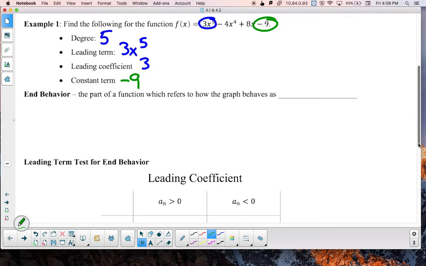And so the end behavior is the part of the function that refers to the graph as x goes to infinity and as x goes to negative infinity. This notation is what MyMathLab uses.